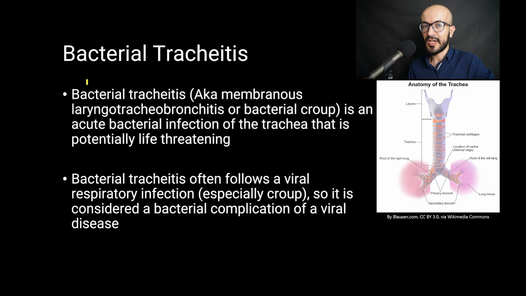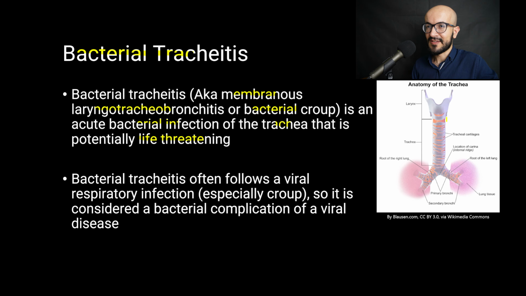So continuing our discussion about pediatric medicine, in this video we will talk about bacterial tracheitis. Now bacterial tracheitis, which is also known as membranous laryngotracheobronchitis or bacterial croup, is an acute bacterial infection of the trachea that is potentially life-threatening.